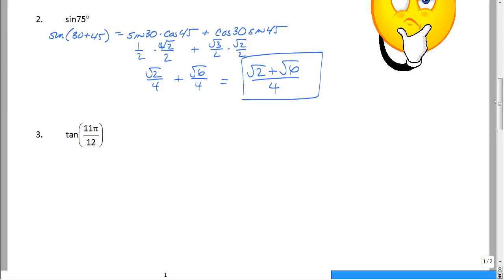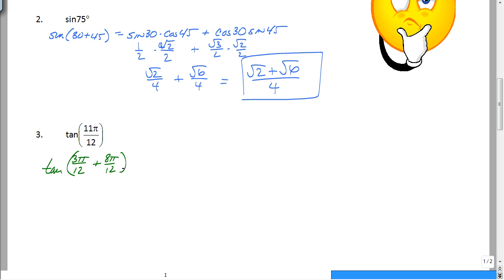Because if we look at our unit circle, everything that we have labeled up there is in sixths, fourths, and thirds. So we know we can get to 12 somehow. So if you think about that for a minute, we can come up with the tangent of 3 pi over 12 plus 8 pi over 12.